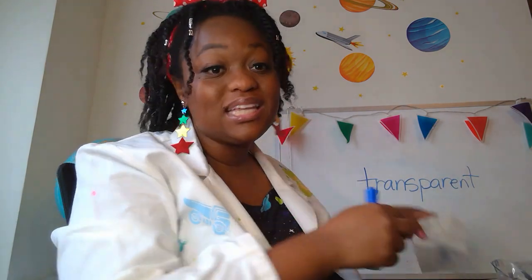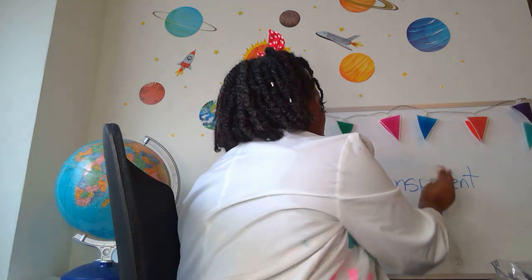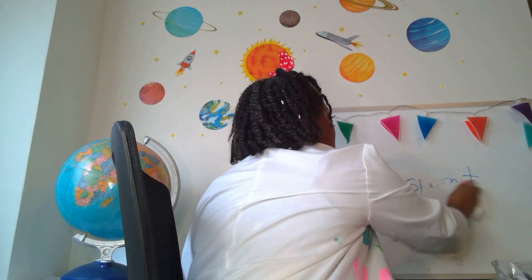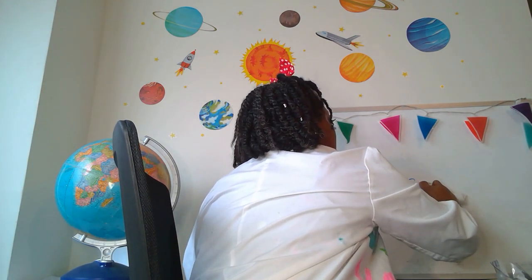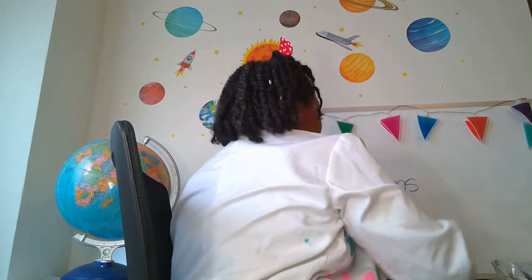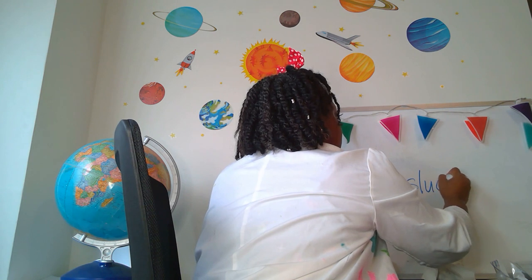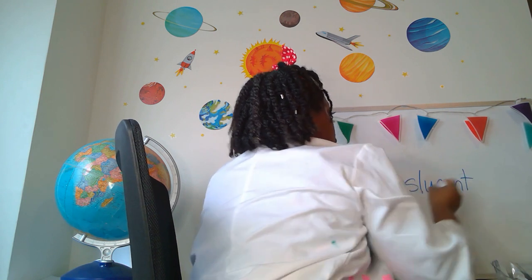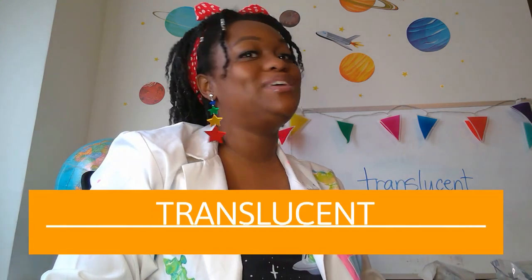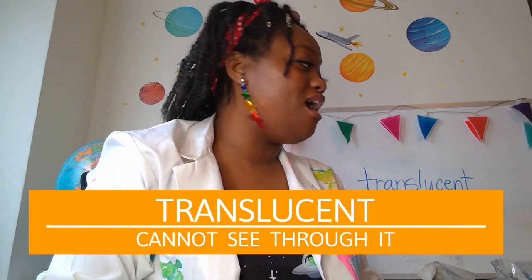Now, the opposite of this, I'm just going to take off the first part and replace it with lucent. Translucent. Translucent means that you cannot see through it at all. Like the candle.